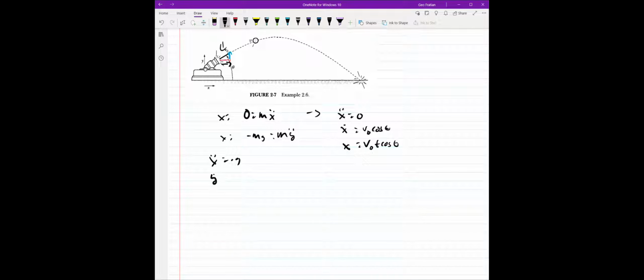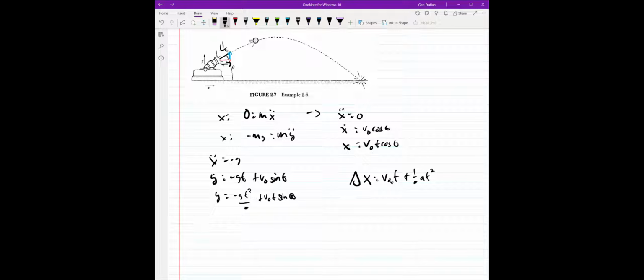Integrate that once: y prime is equal to negative gt plus v naught sine theta. Y is equal to negative gt squared over 2 plus v naught t sine theta. And these are just your general equations that you'll see, like delta x is equal to v naught t plus 1/2 at squared.